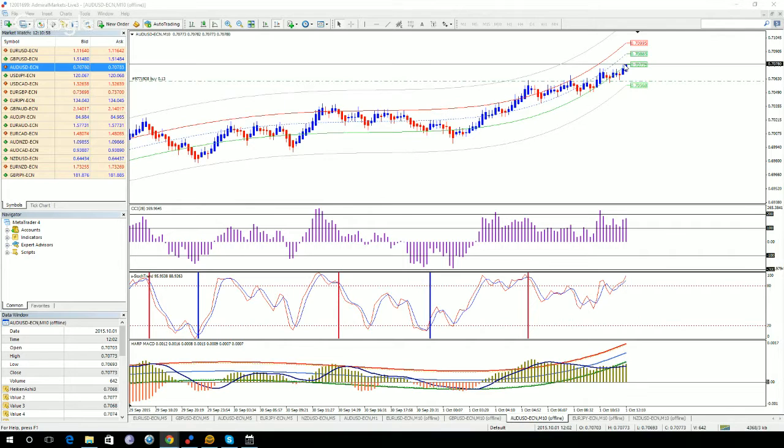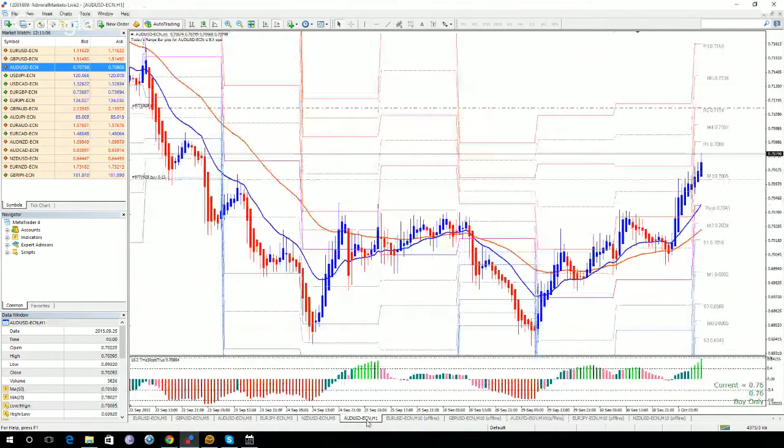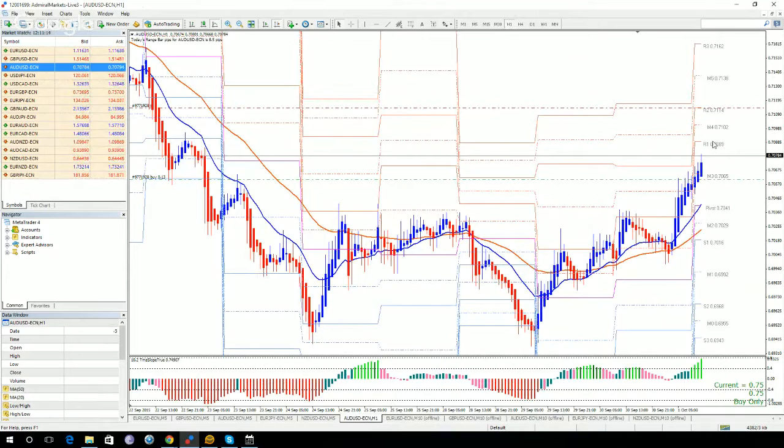I'm still looking to see where the Australian dollar will head, but my opinion is that it will indeed go to touch R1, which is 70.89, and that will be maybe a good spot to scale out of the position.